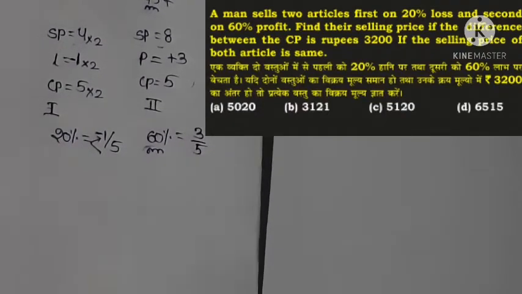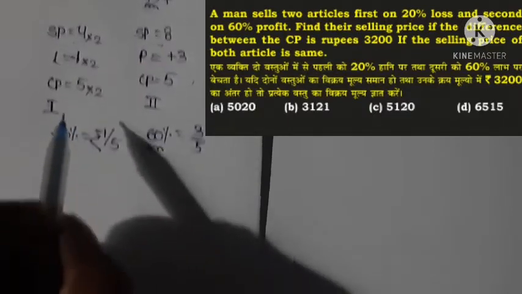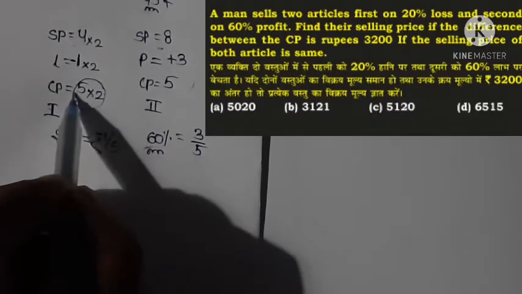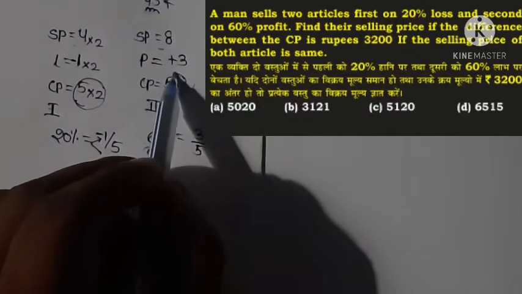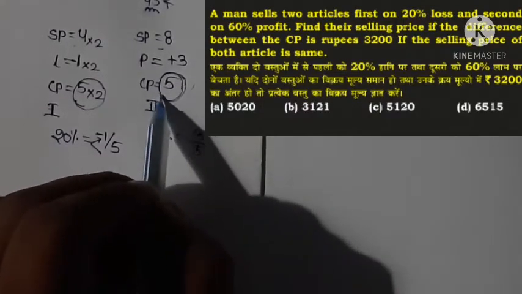If the difference between the cost prices is 3200, here the first item's cost price is 10, the second article's cost price is 5.